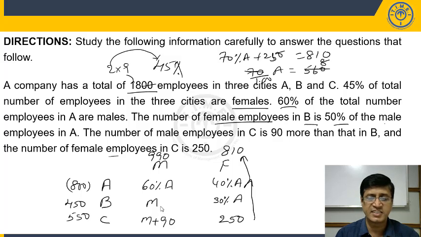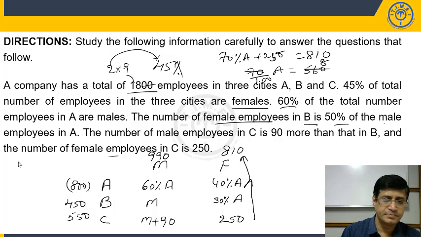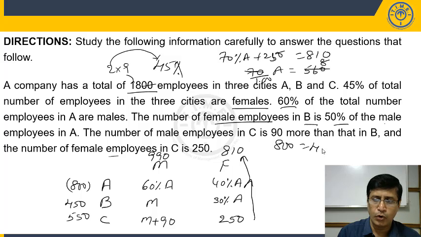So what is the discussion here? 60% of A means 60% of 800, that is 480. I will write 990 is equal to 480 plus M plus M, 2M plus 90.